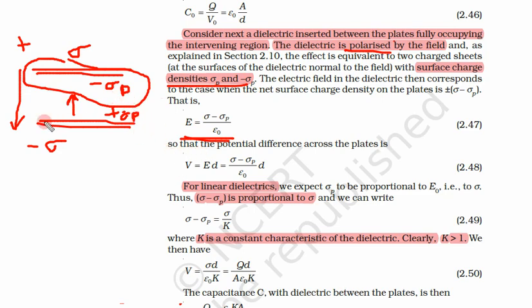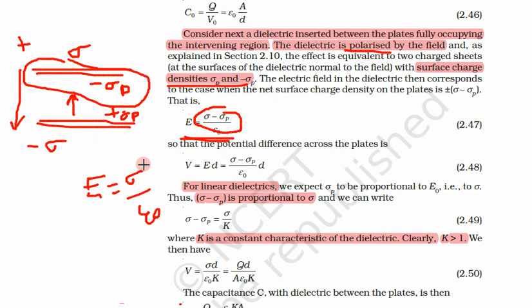Now a similar thing can be calculated for the other plate, only the symbols will change, positive and negative will change, but the electric field is sigma minus sigma p upon epsilon naught. Previously it was E equal to sigma upon epsilon naught. Now the total charge density has been reduced by sigma p.